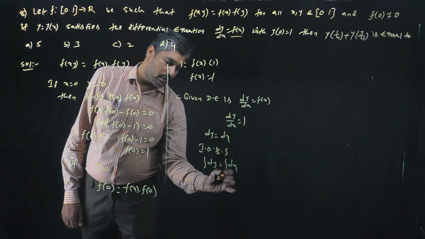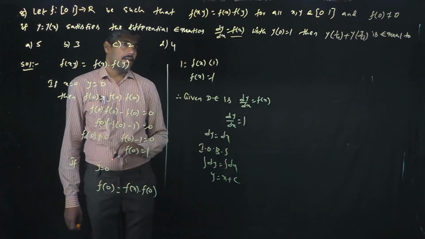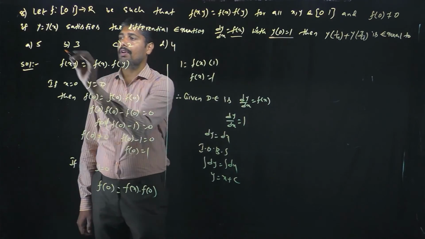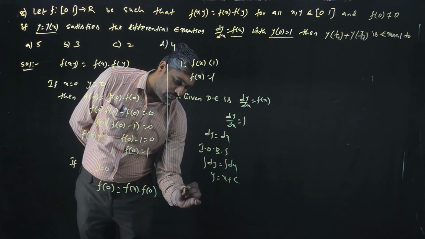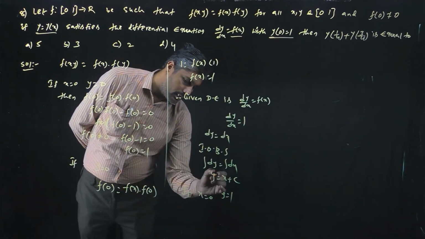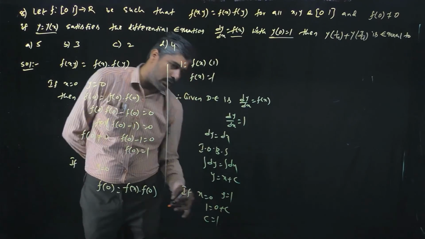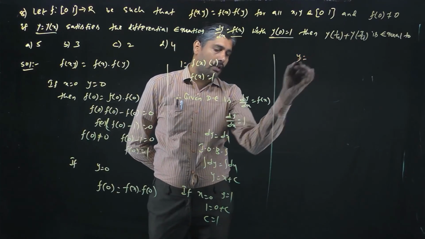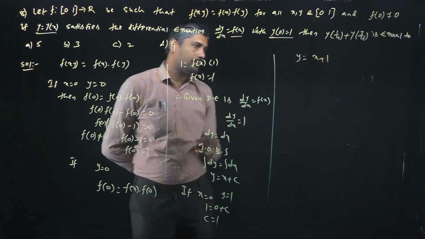Therefore y = x + c. Given condition is y(0) = 1. Therefore if x = 0, y = 1, so 1 = 0 + c. Therefore c = 1. Therefore the solution of the differential equation is y = x + 1.